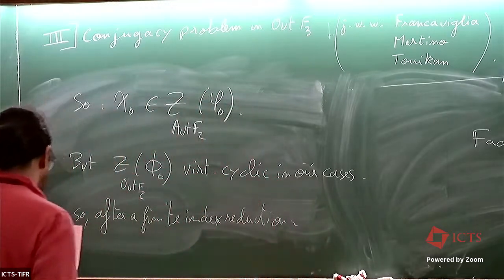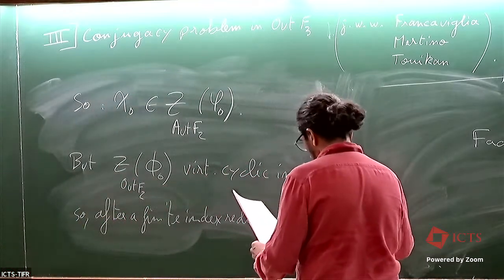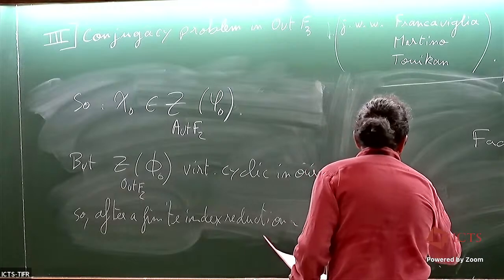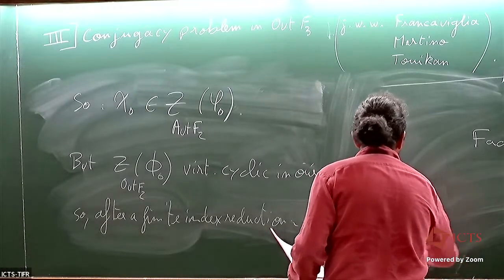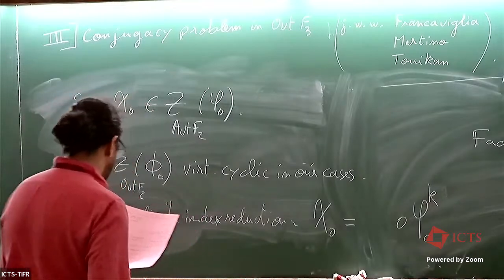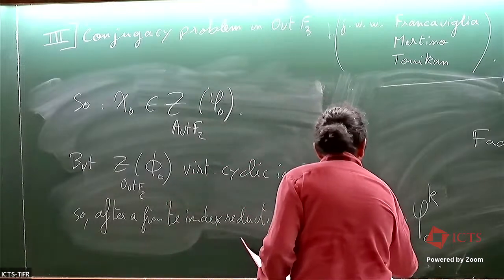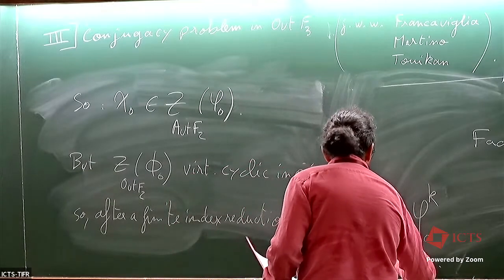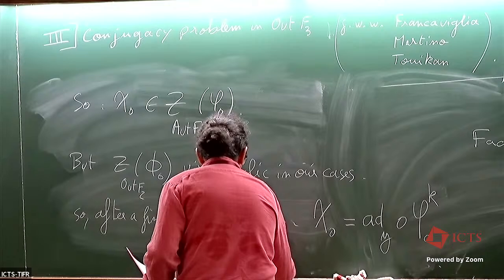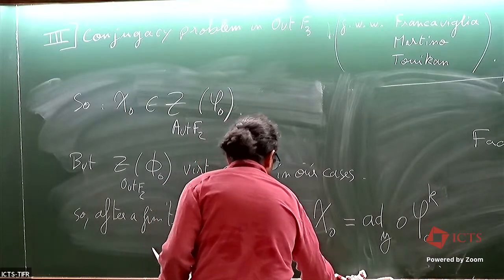it means that actually chi0 is equal to phi 0 to the k composed with some inner automorphism that we write ad y, inner, the conjugation by y.